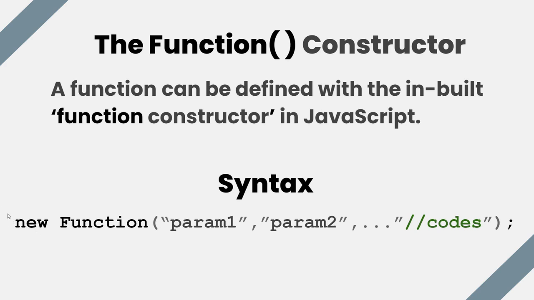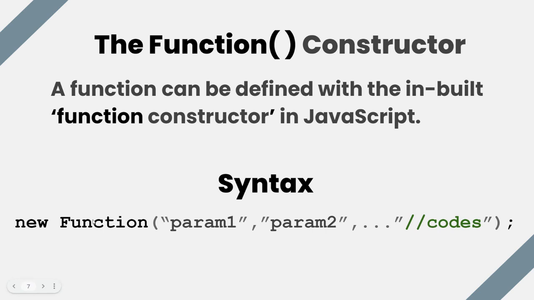So looking at the syntax for this particular method, you can see that it starts with new. For the object constructor, it also starts with new. For the array constructor, it also starts with new. So after this new, it is followed then by the function method.